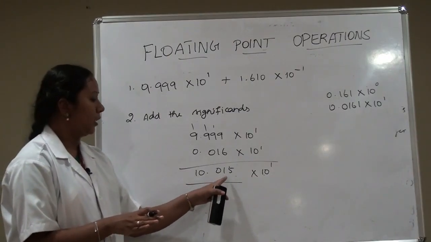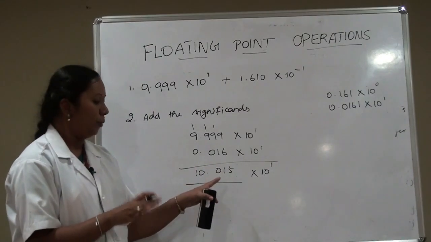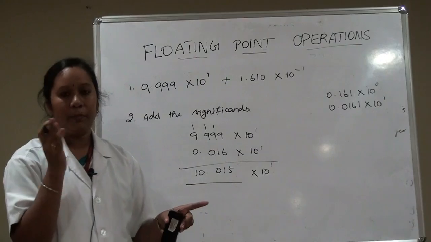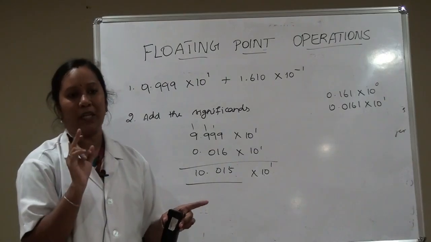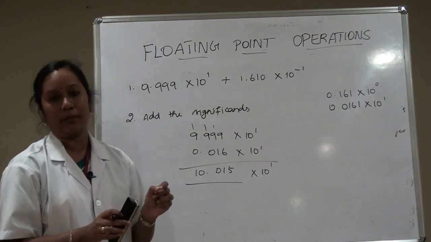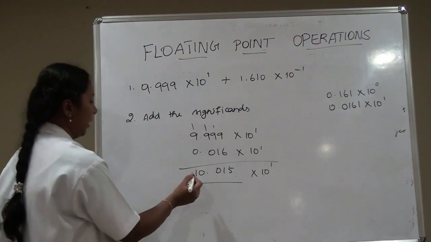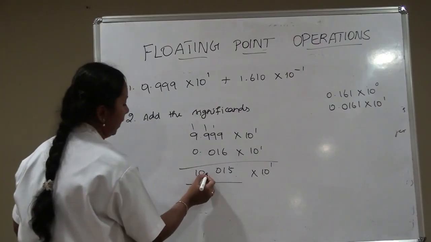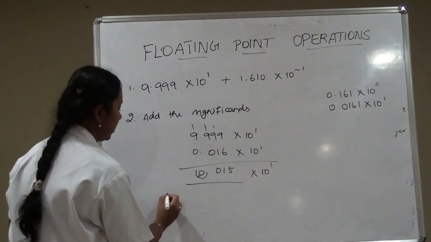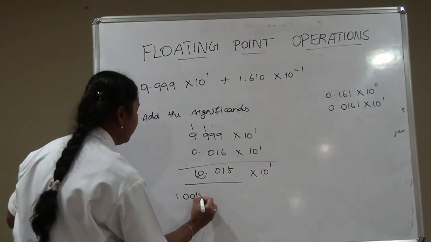I still have to normalize my result. Normalization is nothing but placing a single non-zero number before the decimal point. Here I can convert it by shifting the point one position to the left, so we can convert it into 1.0015.